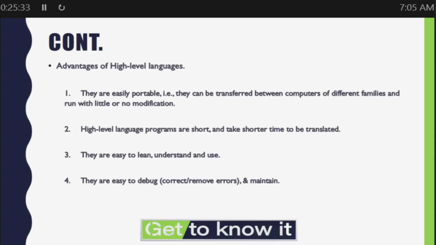They are easy to learn, understand, and use. Because they use a vocabulary that we are already familiar with, it becomes easy for a programmer to learn, understand, and use the specific program. Collecting errors and maintaining programs written in high-level languages is very easy, for the simple reason that they use a vocabulary that is close to the one we are used to.